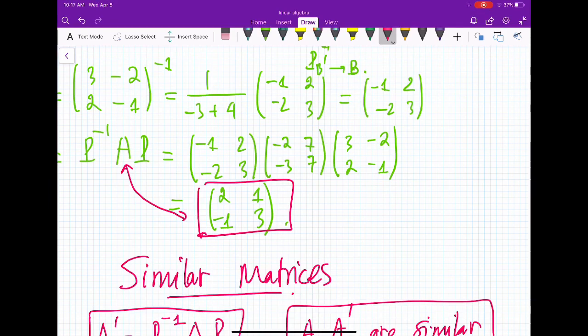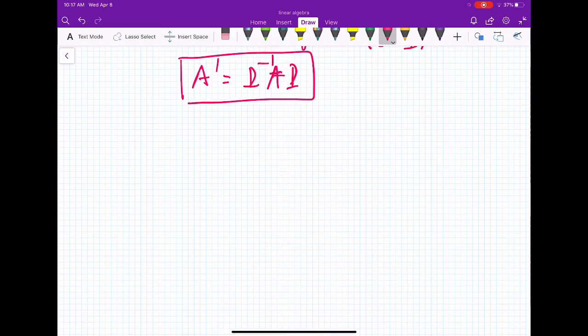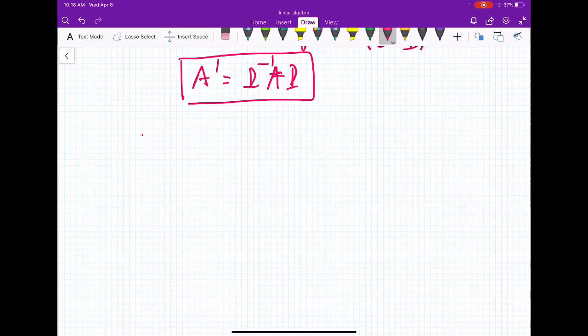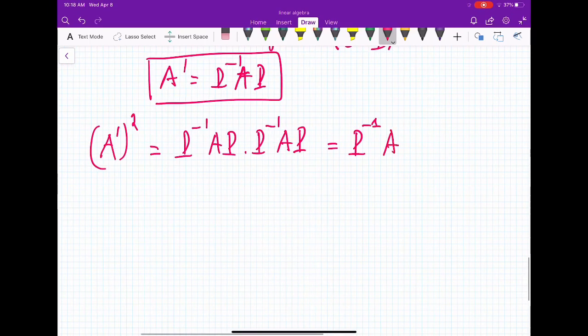This is really important, in the sense that if you want to compute A prime squared, you would think that is P to negative 1 A P times P to negative 1 A P in here. And actually P times P to negative 1 gives you the identity, right?